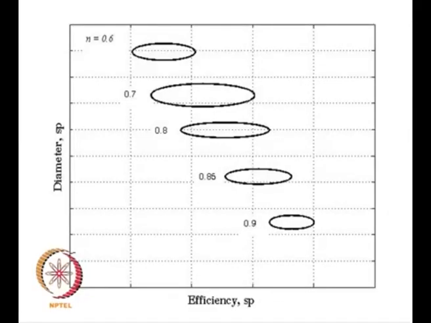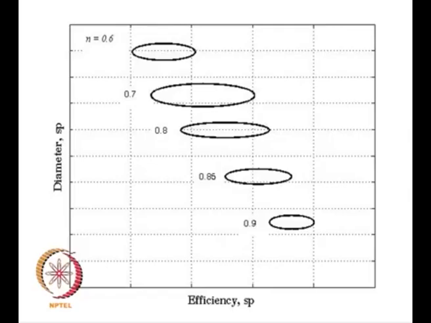On the x axis you have the non-dimensional rotational speed given as nsp, and on the y axis you have the non-dimensional impeller diameter given as dsp. If you notice here, the numbers that are given here are efficiencies 0.6, 0.7, and it goes all the way up to 0.9, right.